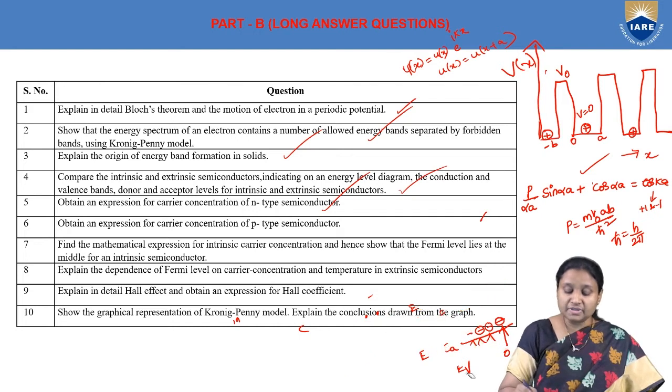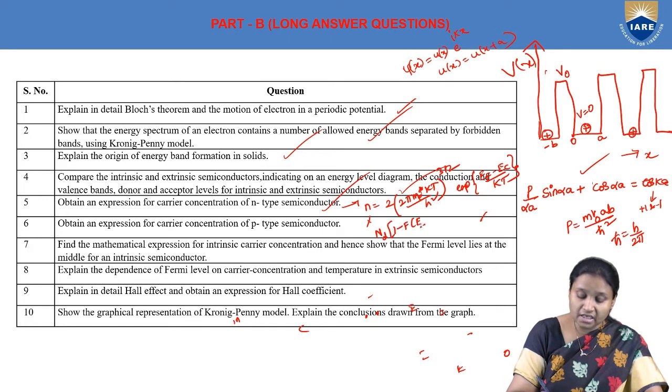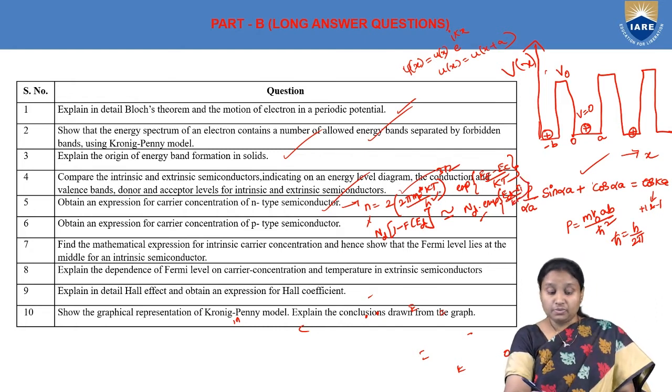First, we'll take the expression for density of electrons in conduction band, whose expression is given as 2 into (2π me* kT/h²)^(3/2) exp((EF − EC)/kT), and then we multiply it with the density of ionized donors, which is given as Nd into (1 − f(Ed)), and this becomes approximately equal to Nd exp((Ed − EF)/kT). And if we multiply these two expressions and take the square root, we'll get the expression for carrier concentration.